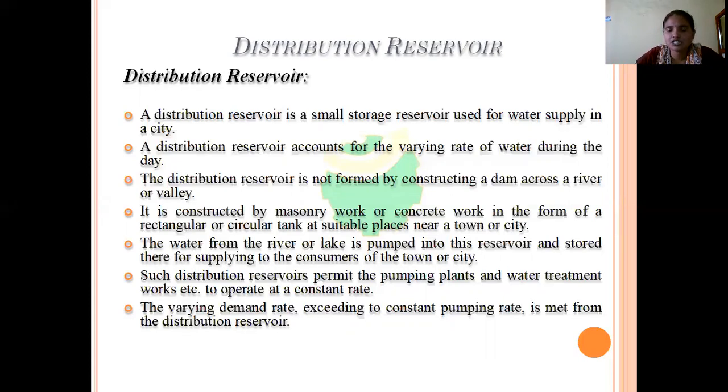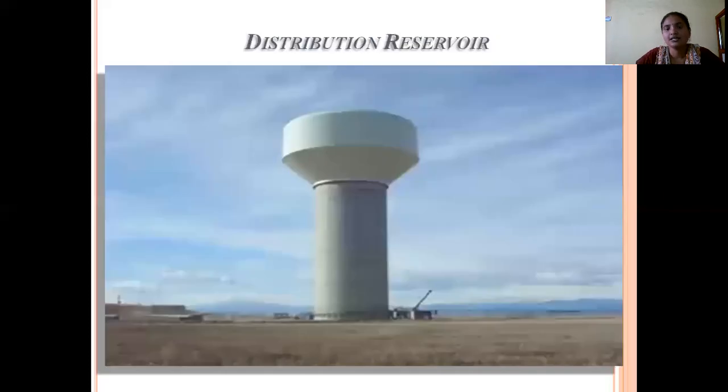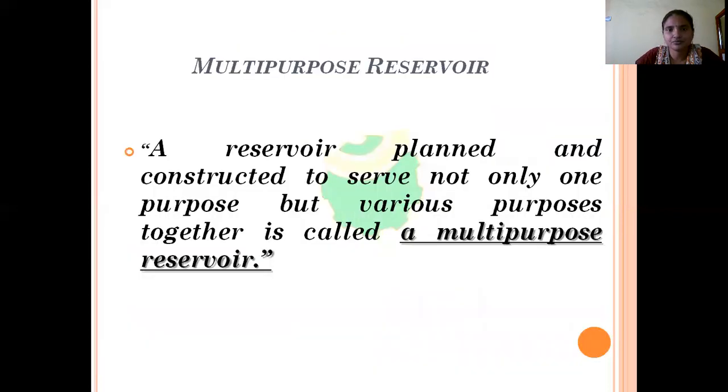Such distribution reservoirs permit the pumping plants and water treatment works to operate at a constant rate. The varying demand rate exceeding the constant pumping rate is met from the distribution reservoirs. So it is like a tank constructed at some distance from the reservoir.